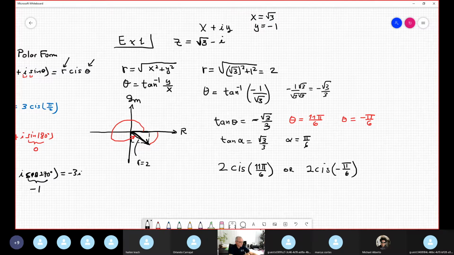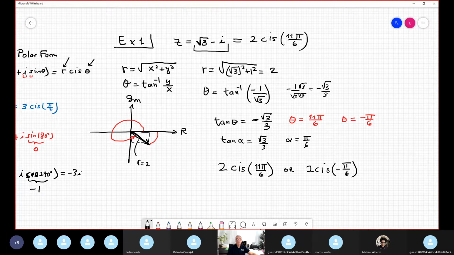What part is confusing? Okay, the super fantastic conclusion is, look. This given complex number in standard form is equivalent 100% to this important form. Okay?